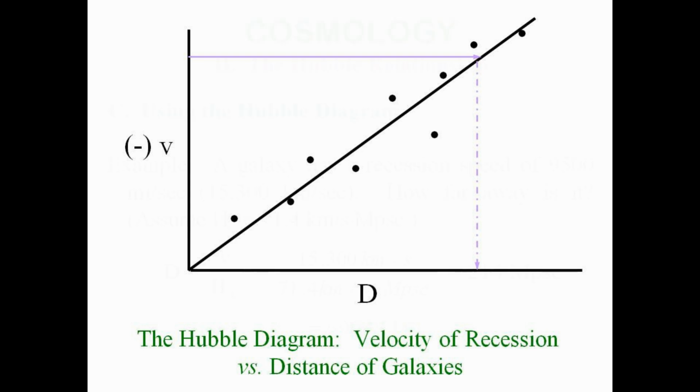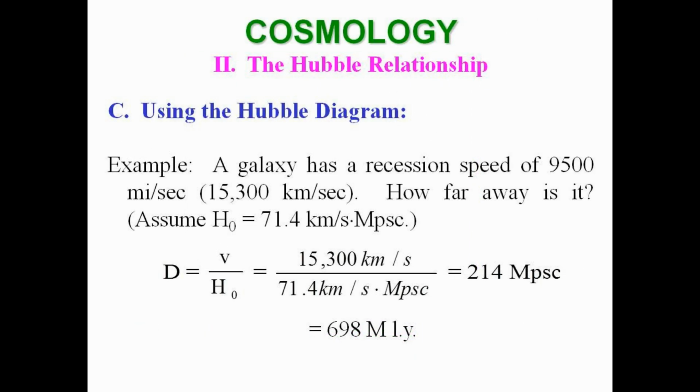So those are some of the main things from last time. Here's an example. If we measure that a galaxy has a recession speed of 9,500 miles per second, we substitute that into the Hubble equation, and we can calculate that it's 700 million light years away, which is too far to measure by any kind of parallax or anything like that. So that's how we measure those big distances.